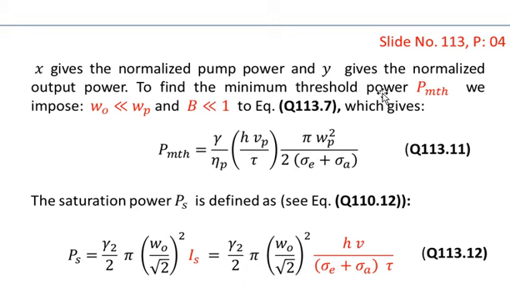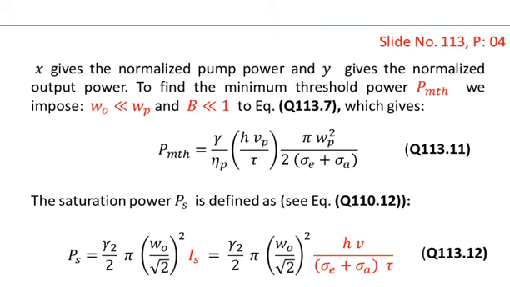To find the minimum threshold power, which is denoted by PM threshold, M stands for minimum, TH for threshold, P for pump power, we impose W naught much less than WP, where W naught is the beam waist and WP is the spot size of the pump beam. Under that condition, B is much less than 1.